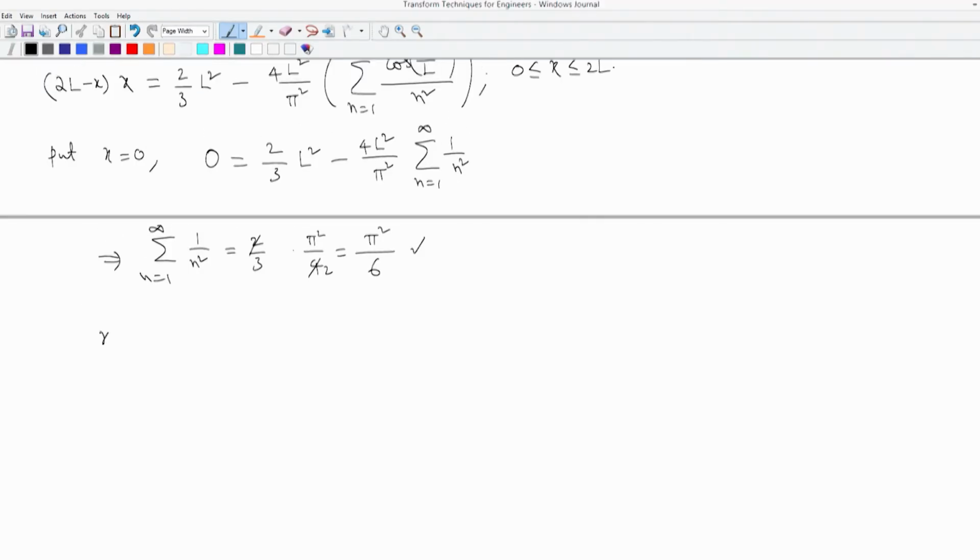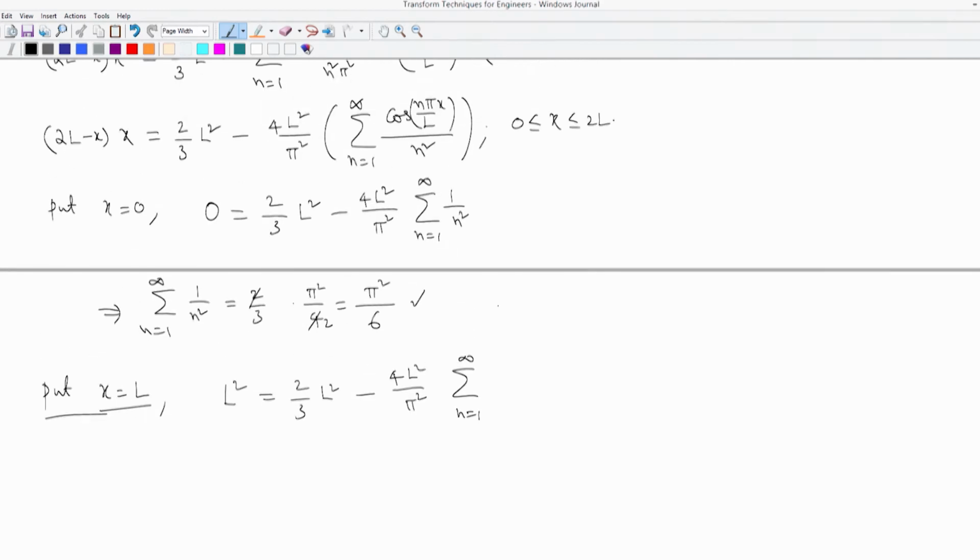By putting x equal to L, what happens? You get on the left hand side L square, which is equal to 2 by 3 L square minus 4 L square by pi square, times the sum with n from 1 to infinity of cosine of n pi, putting x equal to L, which is minus 1 power n divided by n square.